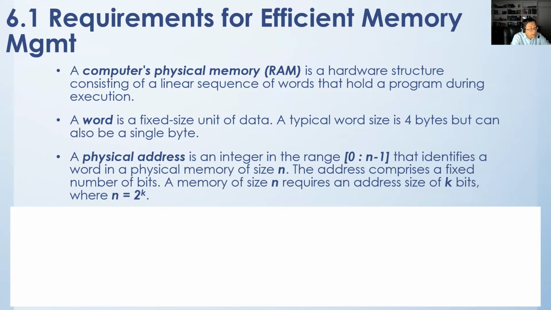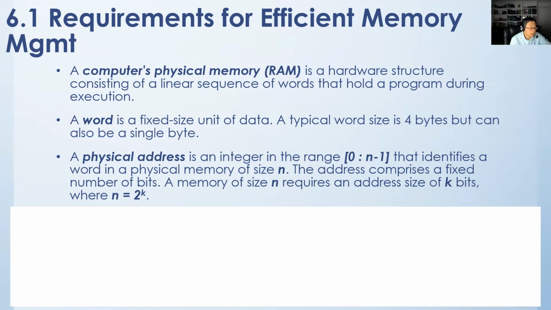Now, in the earlier chapter, we mentioned that the operating system is computer software that is designed to manage the computer hardware. Memory management is a very important part of the operating system that is designed to manage the computer memory.